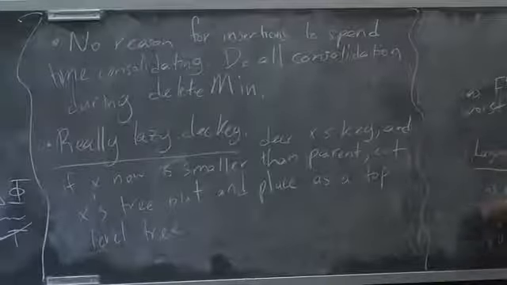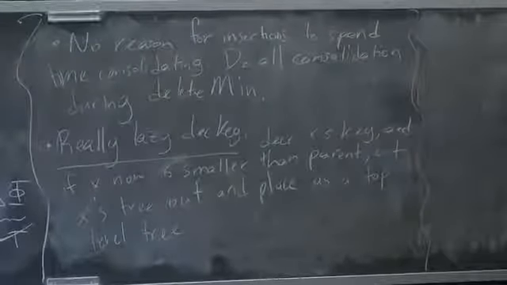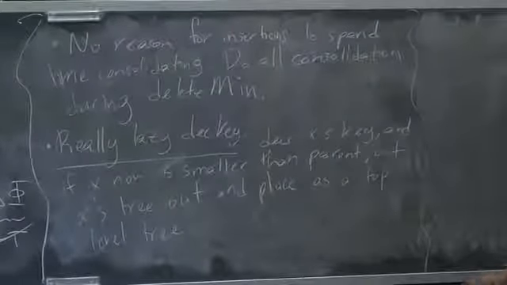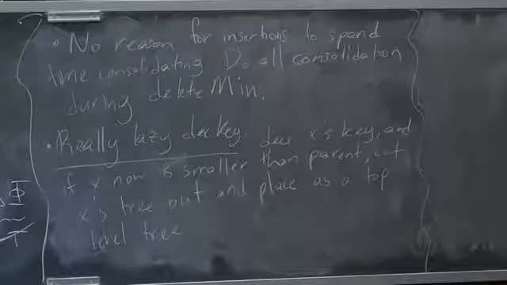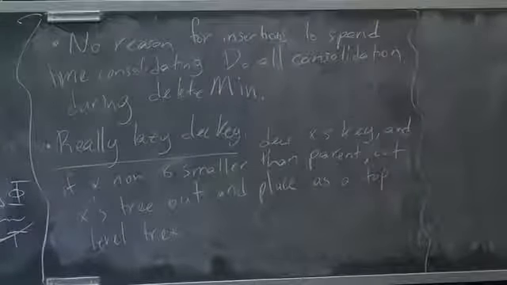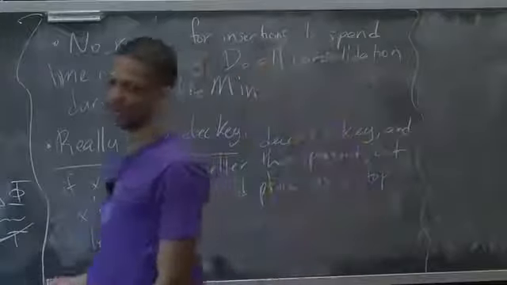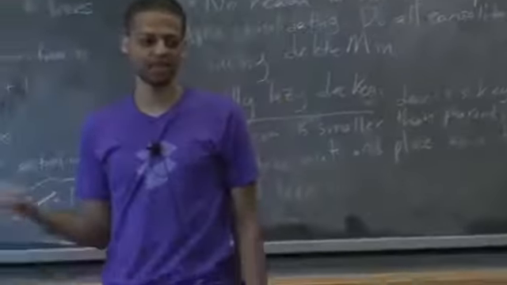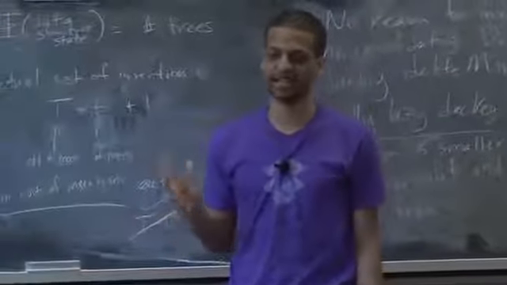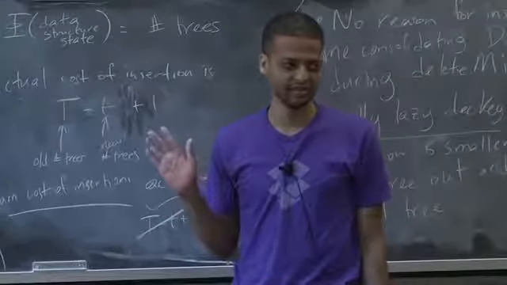Unfortunately, being this lazy is not going to get us the desired bounds. It can be pretty terrible. The main reason is, what was the actual cost of a delete min in binomial heaps?